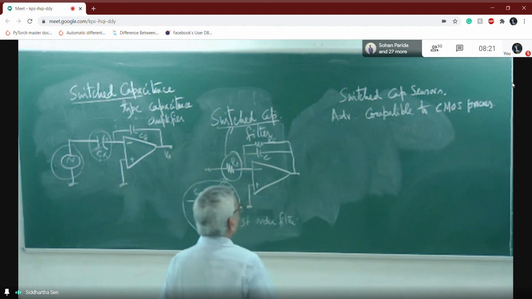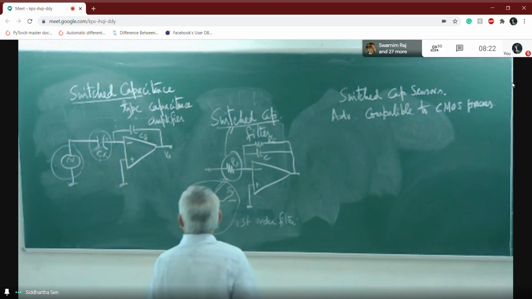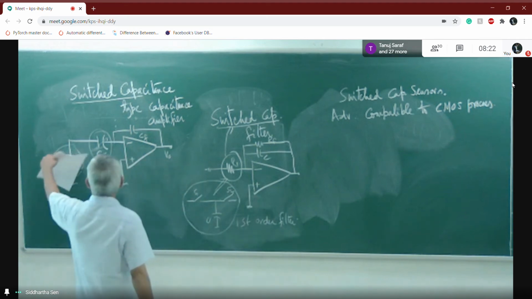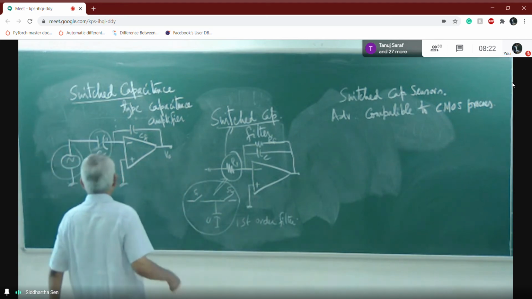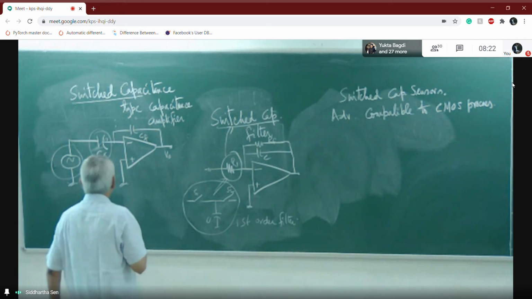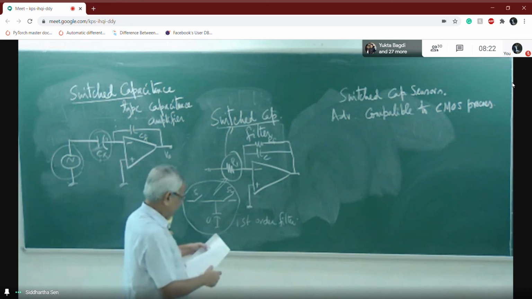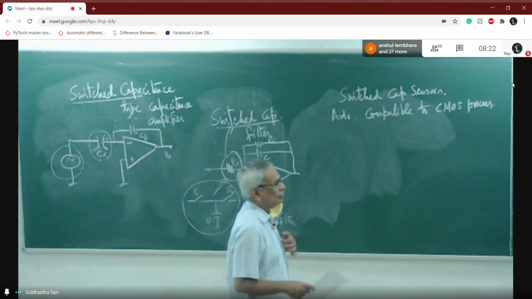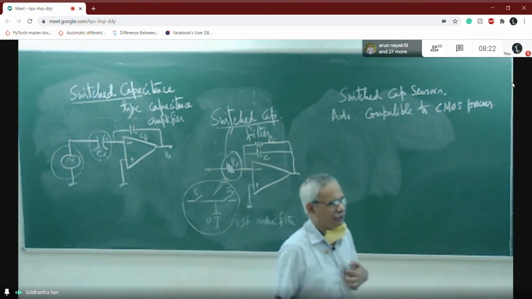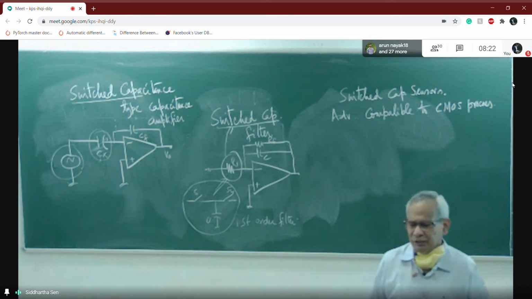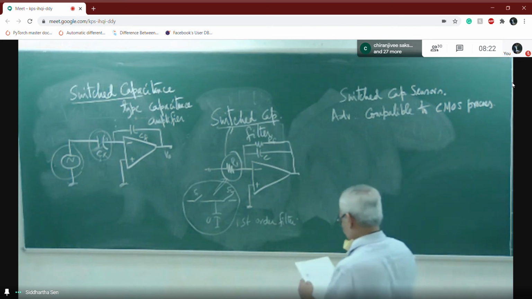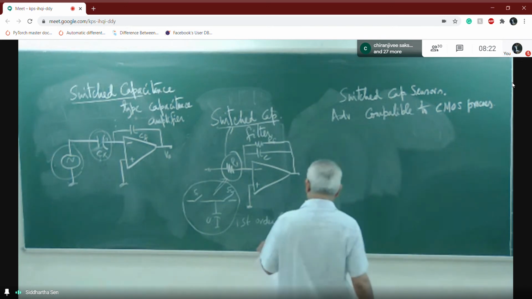So naturally, you can integrate all of them with this one. And we'll see that we don't require any source or anything there. It is much simpler, with just a DC voltage and some switching operations, and switching operation can be done by using some sort of clocks. So let us see how it works.